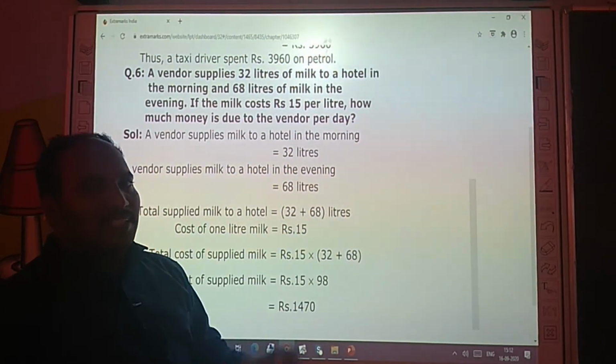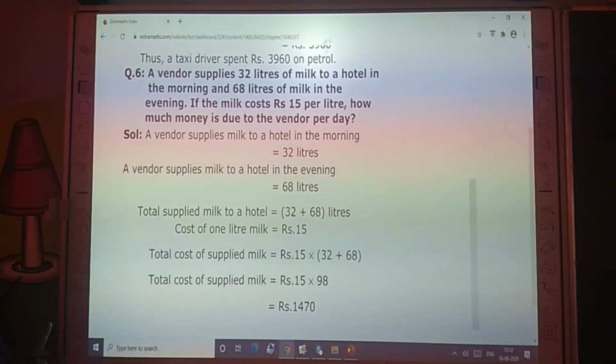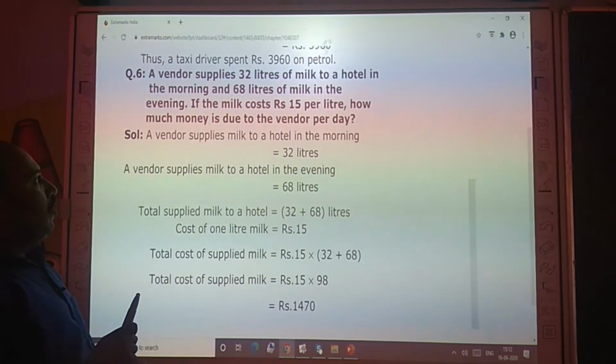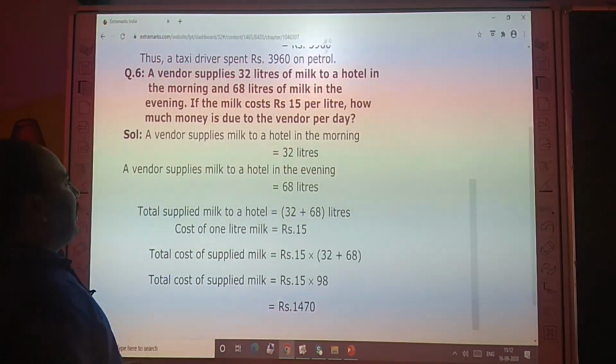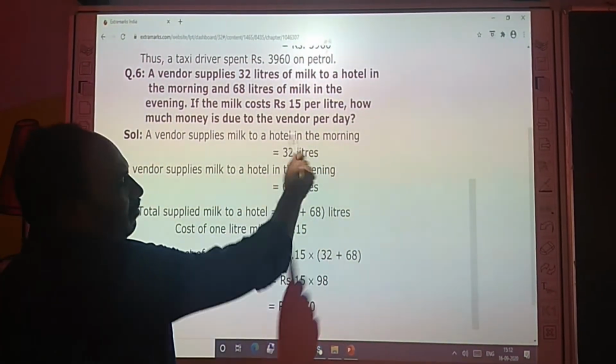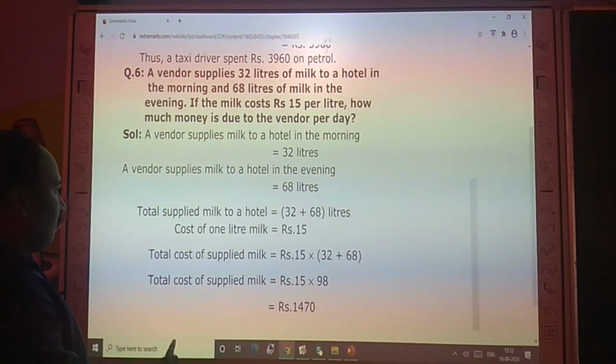The milk cost is rupees 15 per liter. The question is how much money is due to the vendor per day.